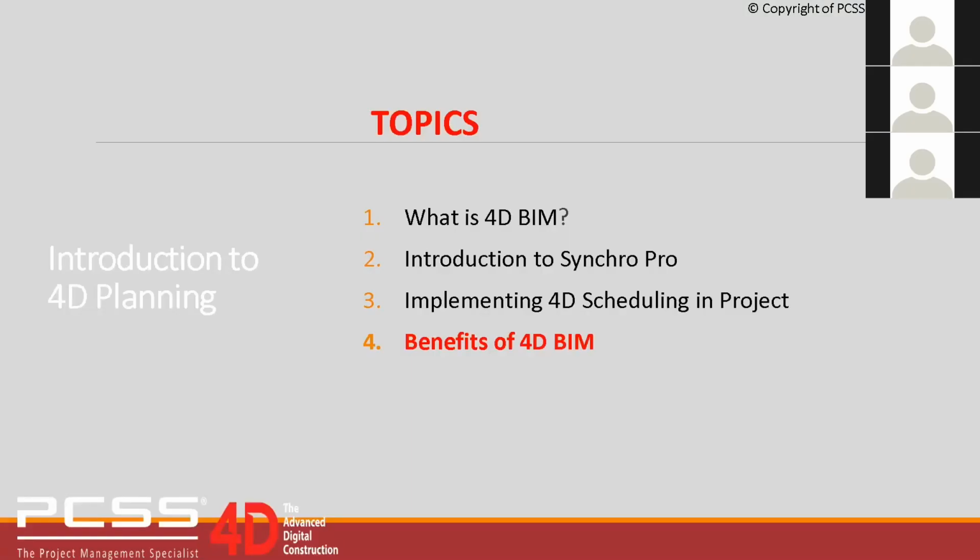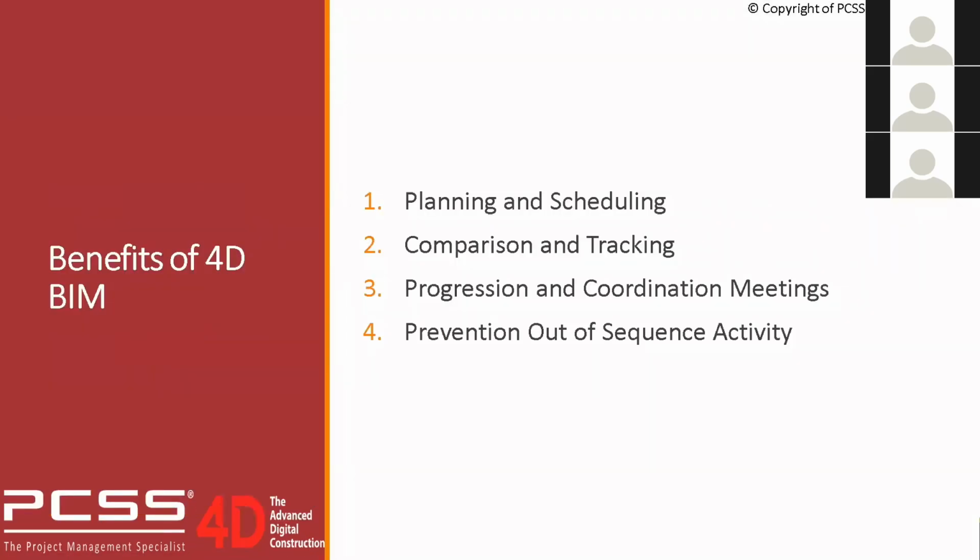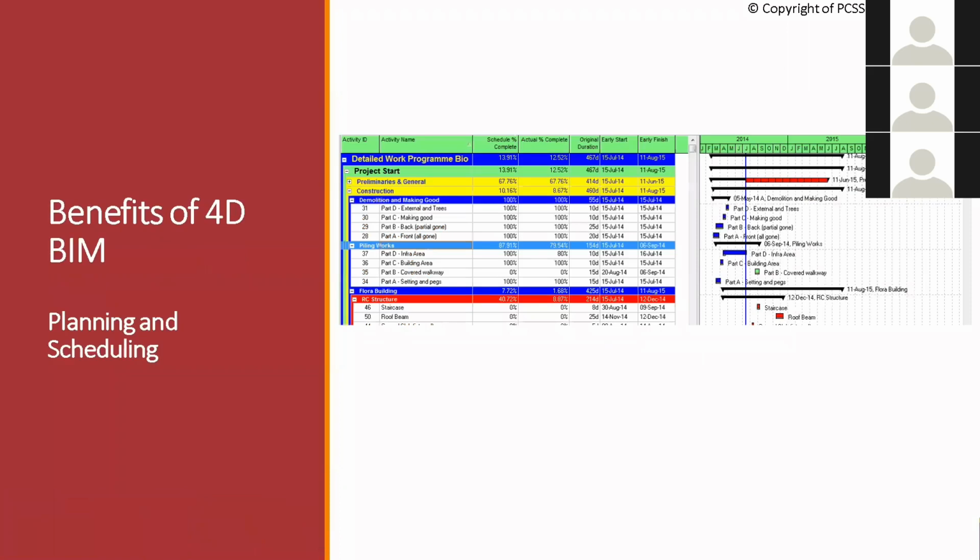So next, let's move on to the benefits of 4D BIM. So these are the 4 benefits of 4D BIM. Let's say this is your schedule here. You do a progress update on it.